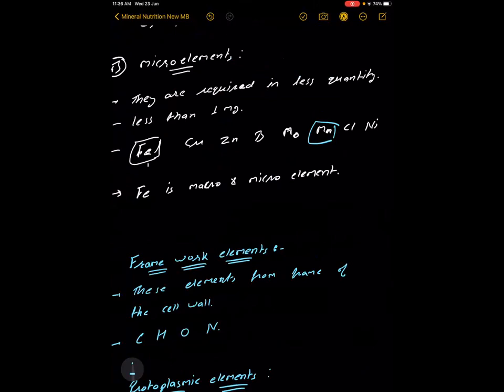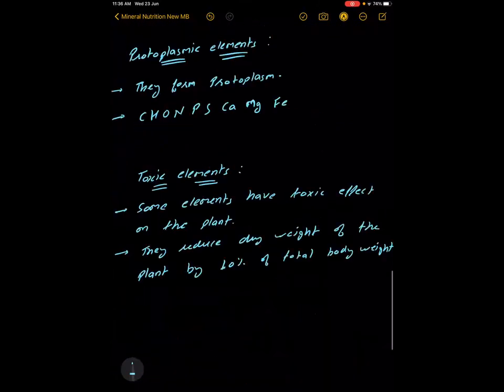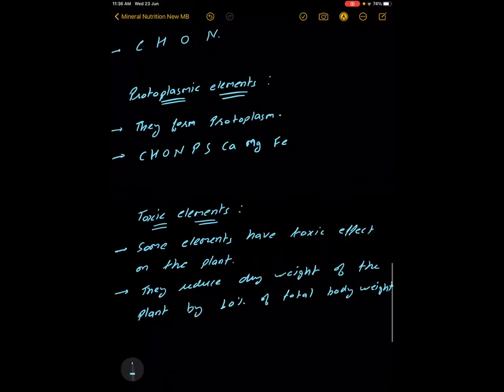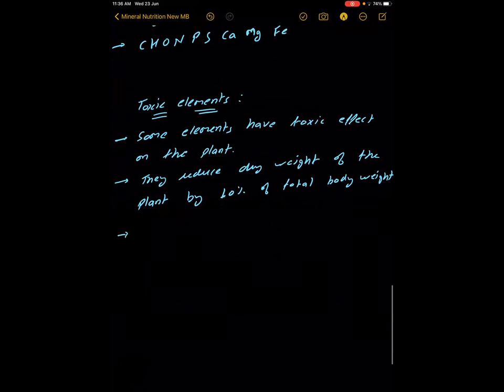But the problem is when manganese concentration increases in the body, it causes difficulty in absorption of iron, magnesium, and calcium. First of all, the toxic elements.